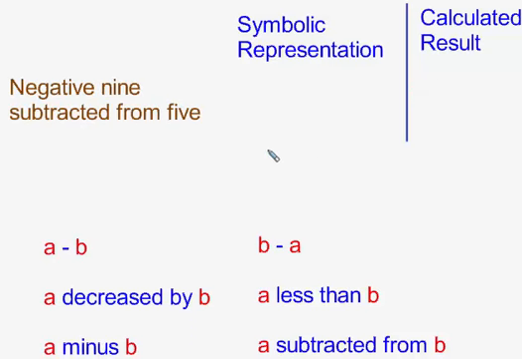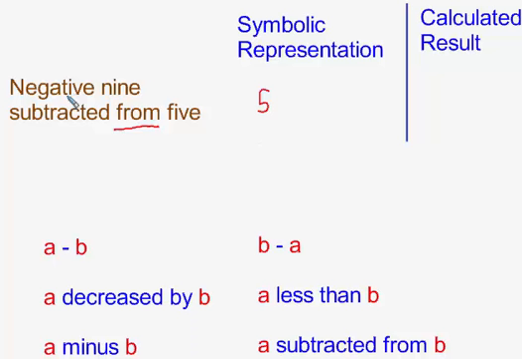Let's do another example. In this statement, we have -9 subtracted from 5. So what we want is the second case. If A is being subtracted from B, it means the second number in the statement actually goes first. So that's the number 5, so I'm going to write 5. And we want to subtract something from 5.